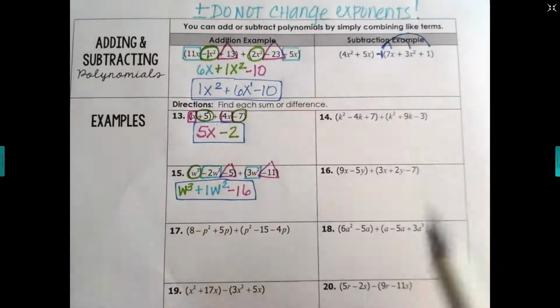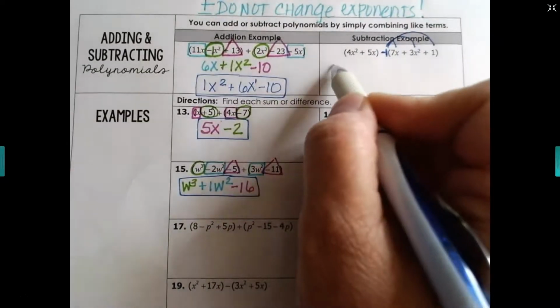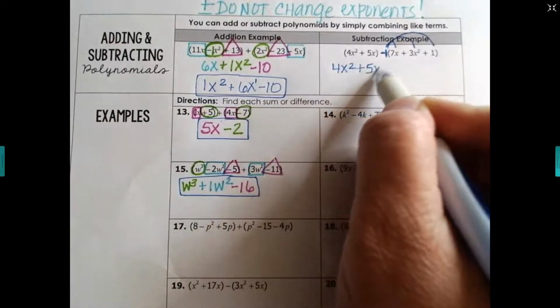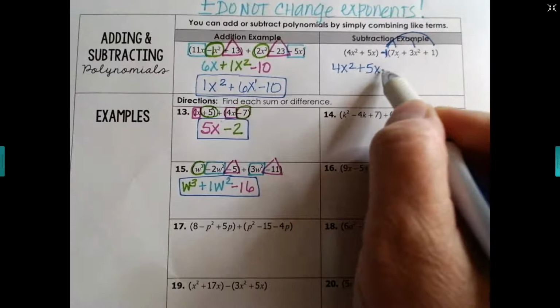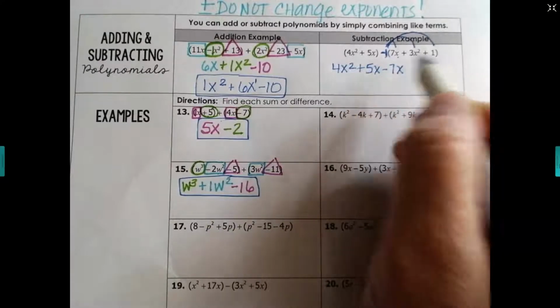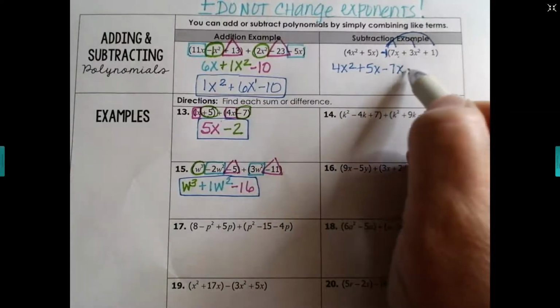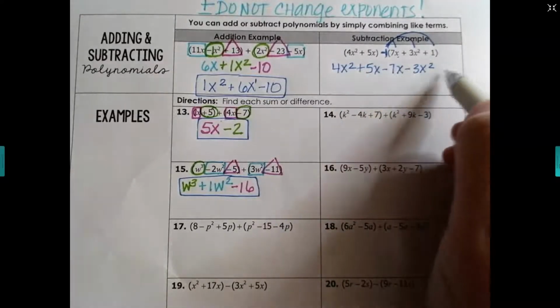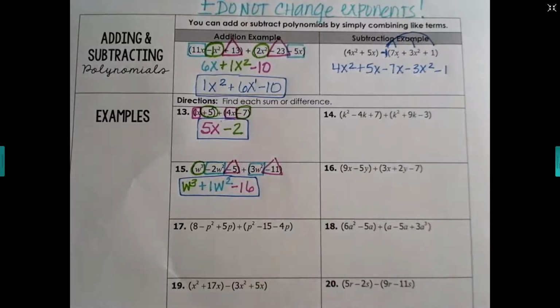Okay, so nothing is happening to the first parenthesis, so I'm just going to copy it back down. 4x squared plus 5x. Then I have -1 times 7x becomes -7x. -1 times 3x squared becomes -3x squared. -1 times +1 is -1.